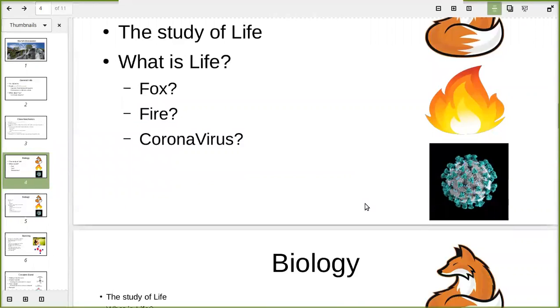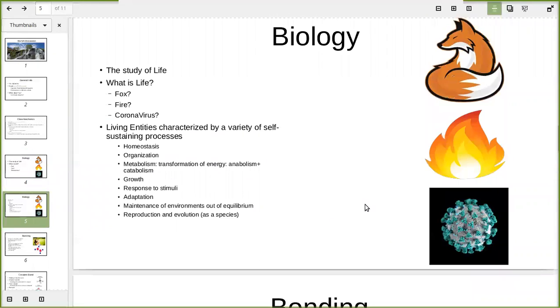But when we're talking about the definition, we generally have a list of characteristics, and this is by no means an exhaustive list of characteristics that we look to when we try to define what is life and what is not.